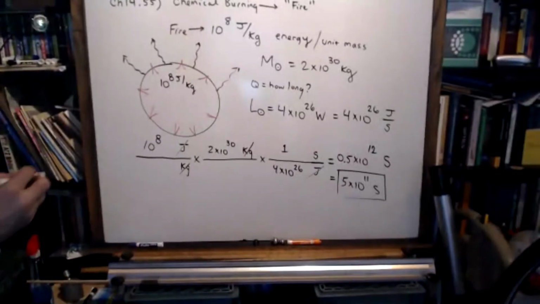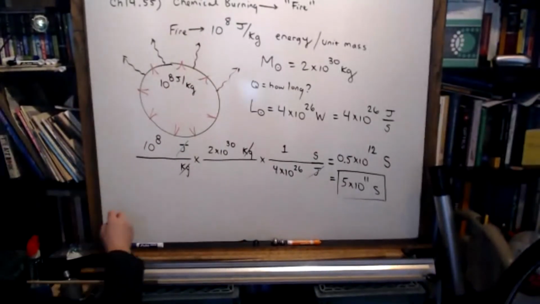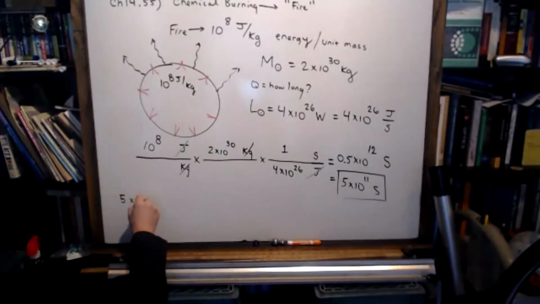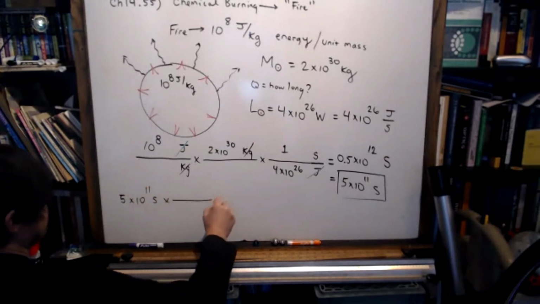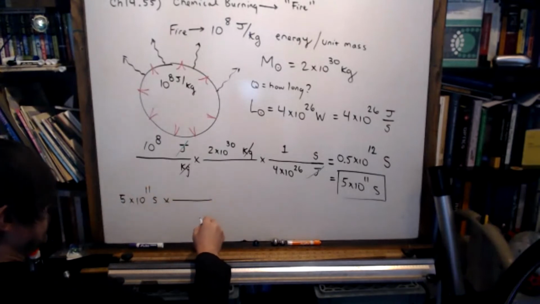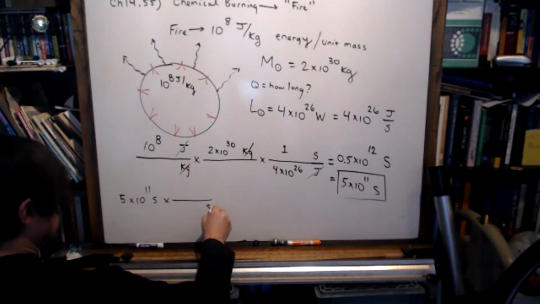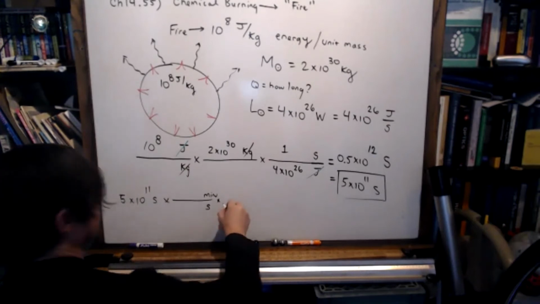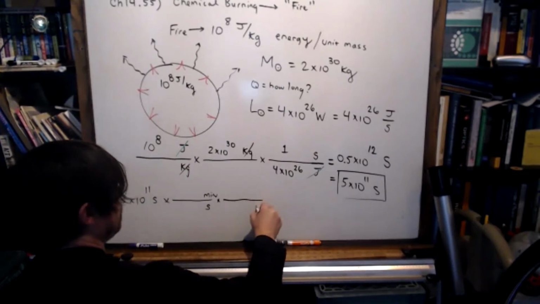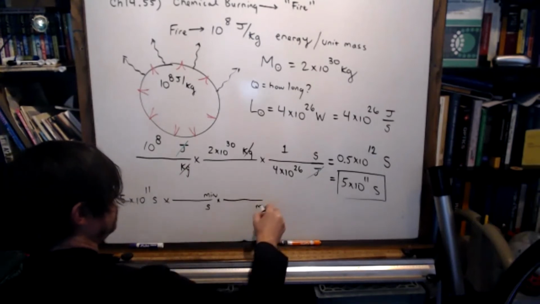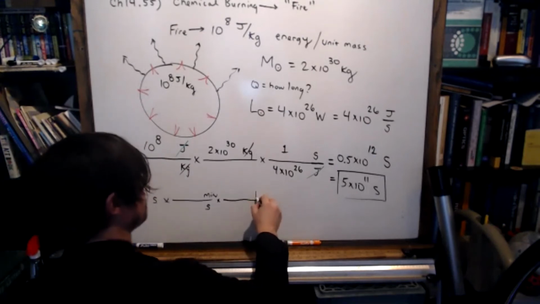Okay, so you'd have 5 times 10 to the 11 seconds and then multiplied with the line. So you'd convert it into minutes first, so minutes on the top and seconds on the bottom. And then the next one would be minutes with hours on the top.